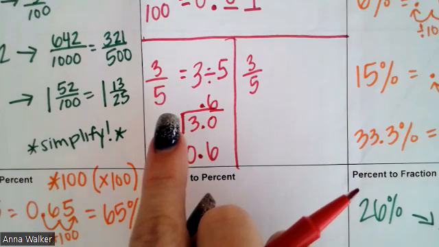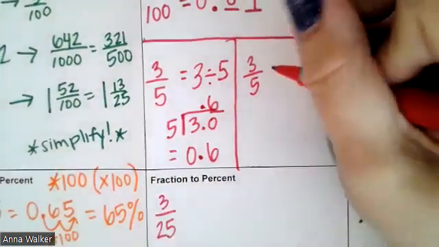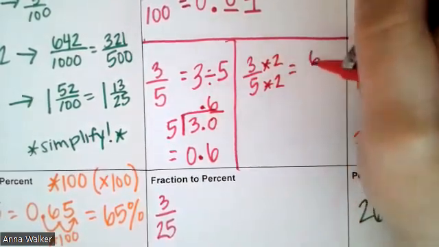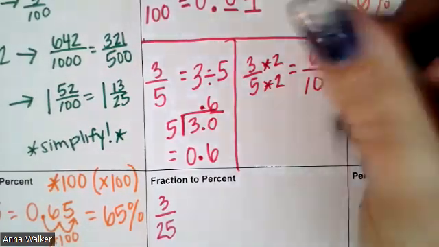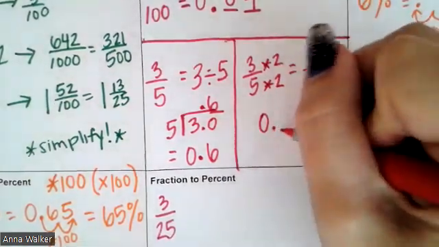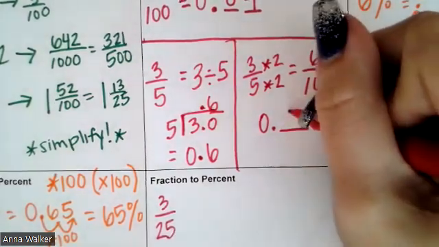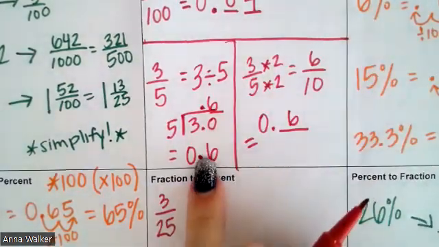But sometimes long division is the only way that's possible, and here's why. With 3/5, I can multiply both numerator and denominator by 2 and make 6/10. As a decimal, the tenths is the first spot after the decimal point, so 6/10 is 0.6, which is what we just got.